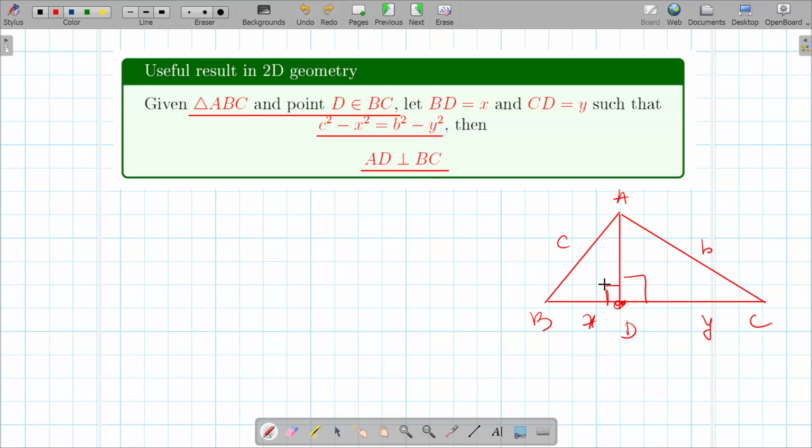C squared minus X squared is going to be equal to the square of the height. And the square of the height is also going to be B squared minus Y squared. So if D is the leg of the height, then the conclusion follows right away.